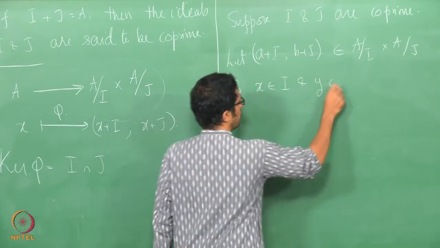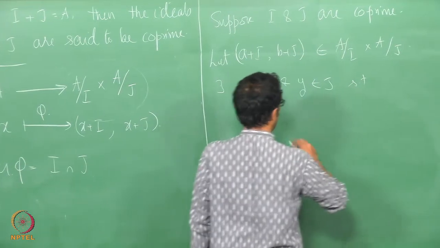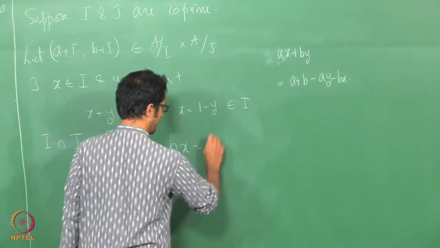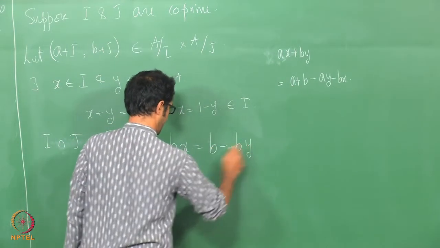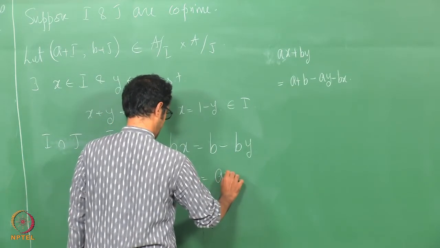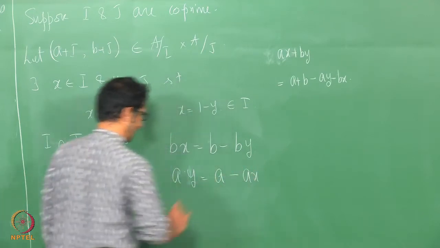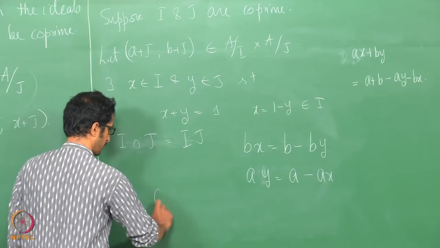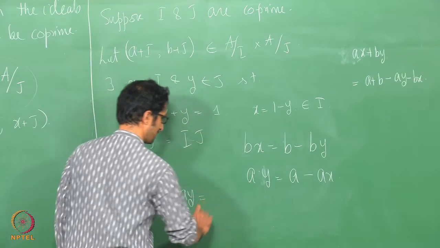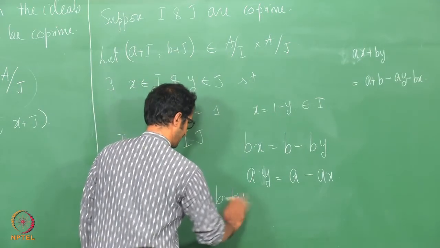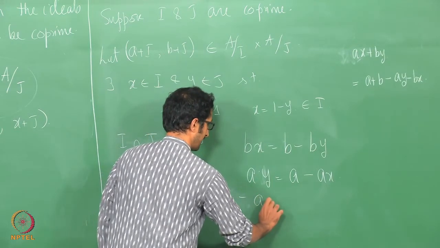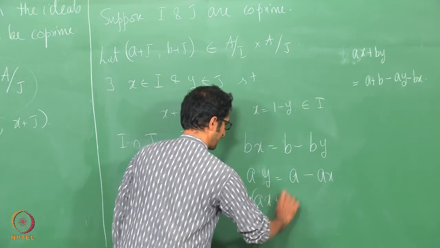x in I and y in J such that x plus y is equal to 1. Then bx is b minus by and ay is a minus ax. So, bx plus ay is b minus by plus a minus ax.